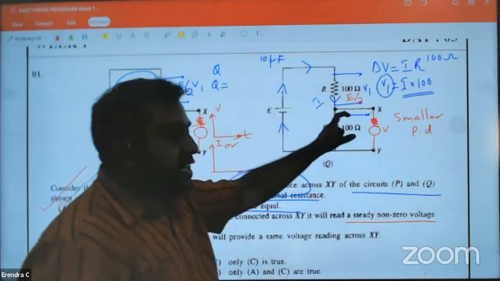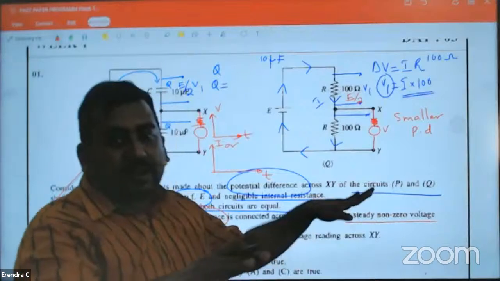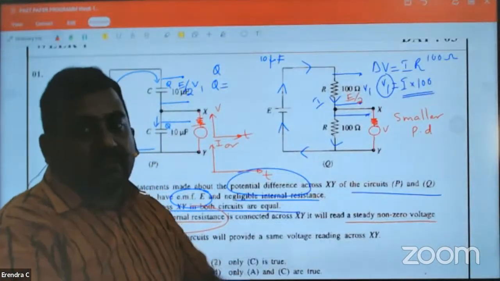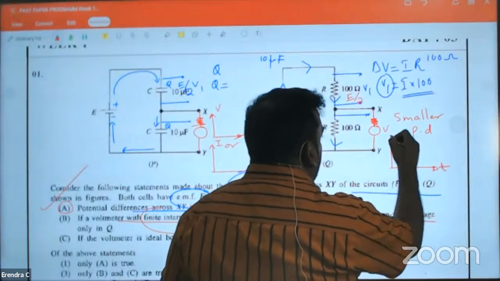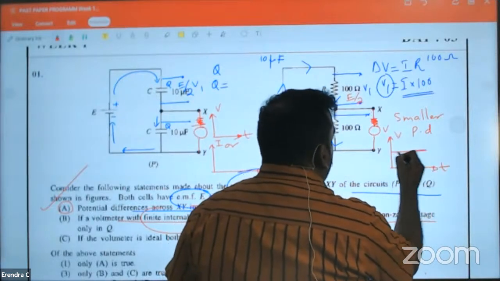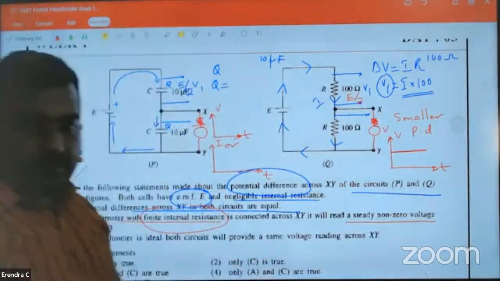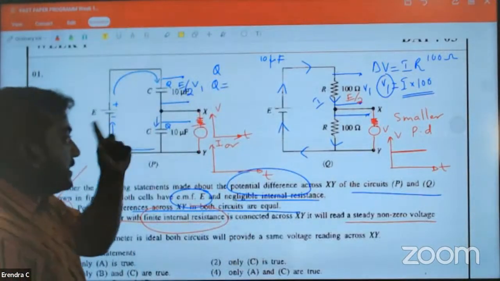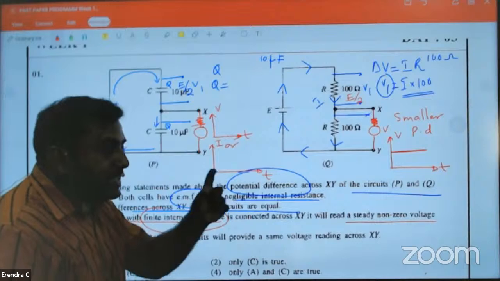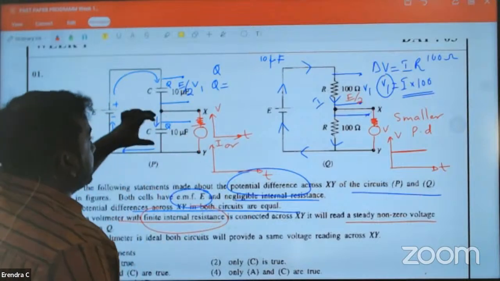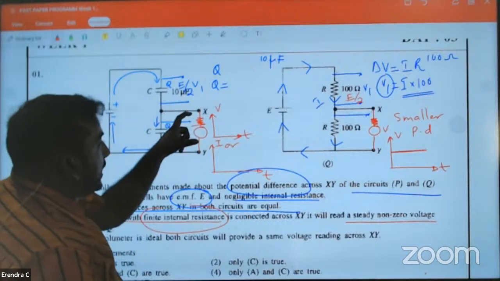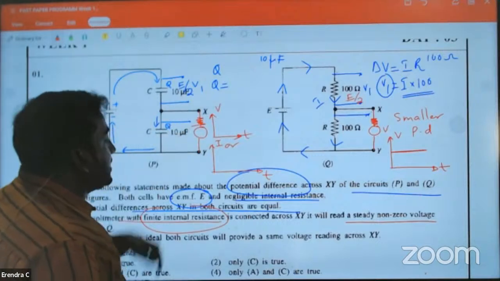So voltage here will be reduced but a steady value. Now the beauty of a capacitor is, if you connect a resistor in parallel, this is already charged and has a voltage, so it will discharge.